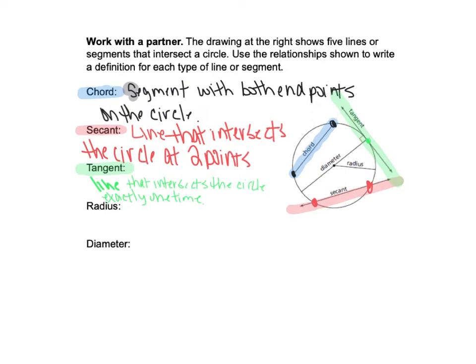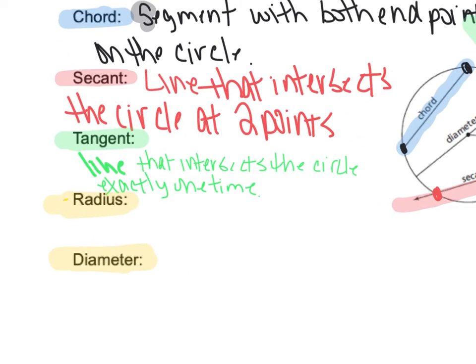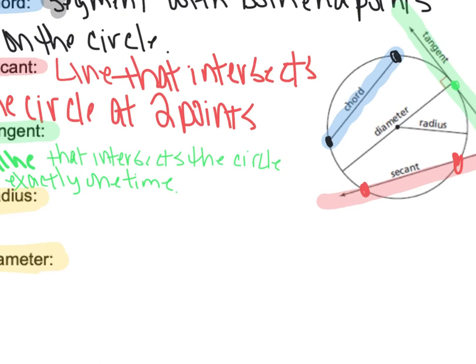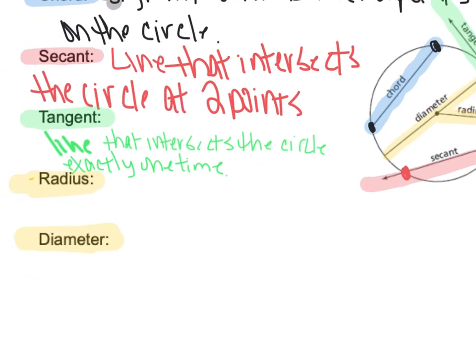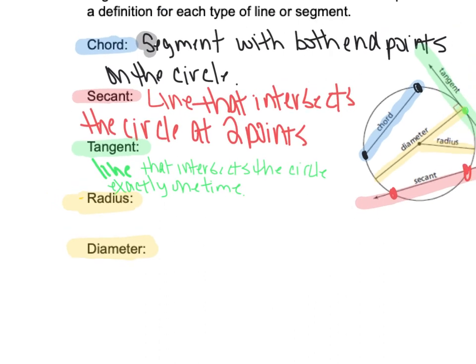I would hope that these other two, radius and diameter, are vocabulary words that you have heard before. If we're talking about circles, a radius is a segment. Here's my radius and here's my diameter. You know that a radius is half the distance across a circle. You probably have heard that before. But when we describe it for this chapter, we're going to say a radius is a segment.